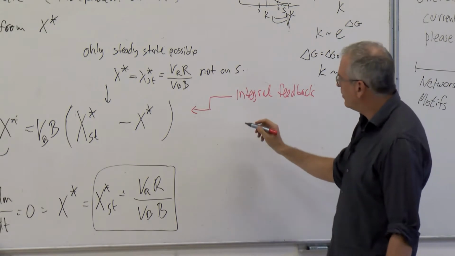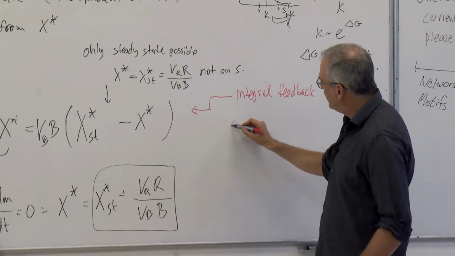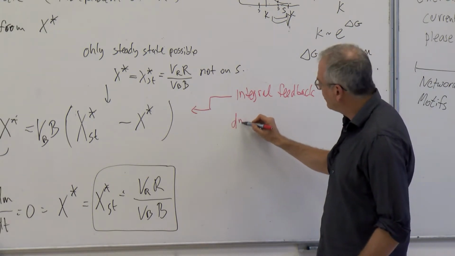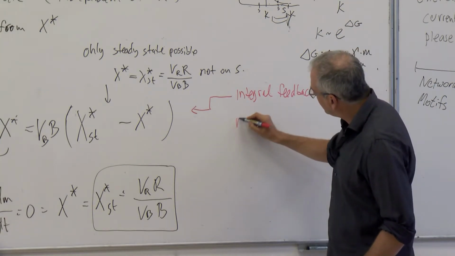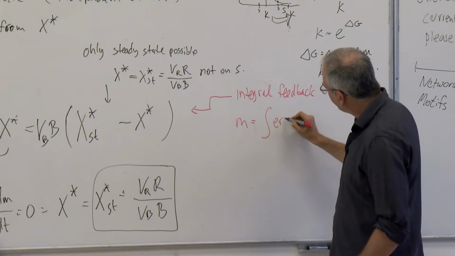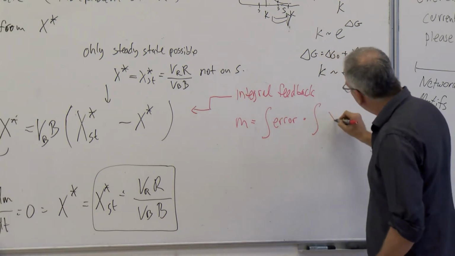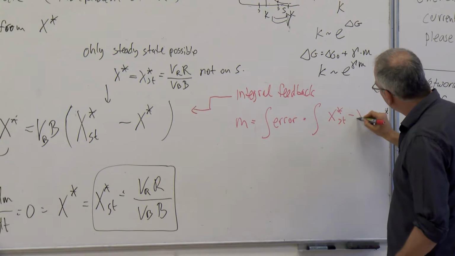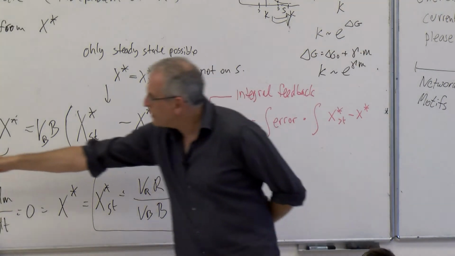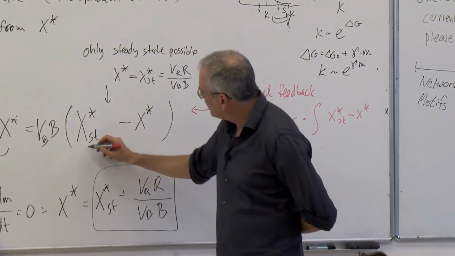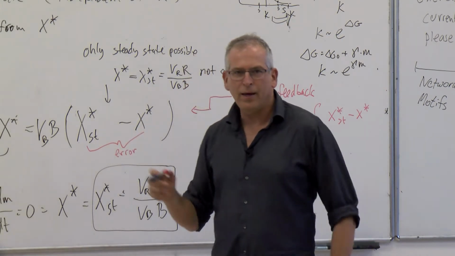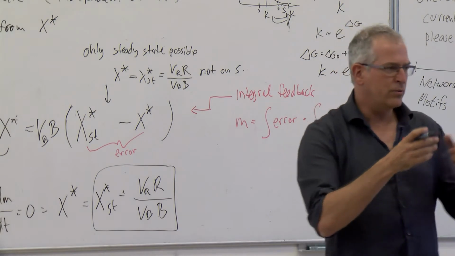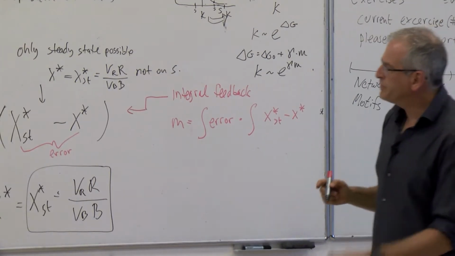The idea is that you have some integrator, something that integrates the error. The error is X star steady state minus X star. So the rate of change of m is this difference, which we can call the error: how far away from steady state? And m basically integrates over this error.